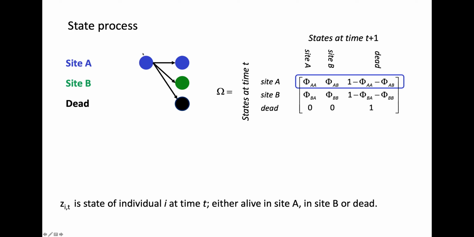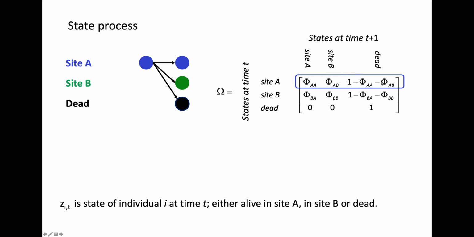Here we know the state at t: the individual was alive in site A. So we pick the probabilities in row 1, the row corresponding to site A. The probability of being in site A at t plus 1 is this probability, site B this probability, or you could end up dead at t plus 1, given that you were in site A at t, with this probability here.